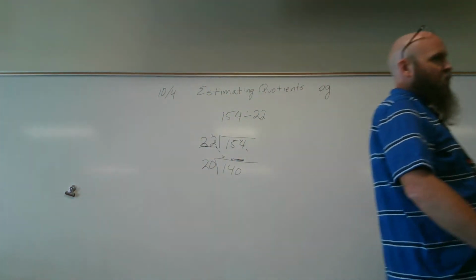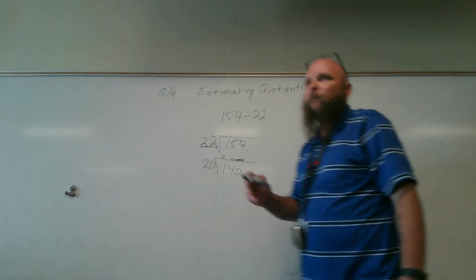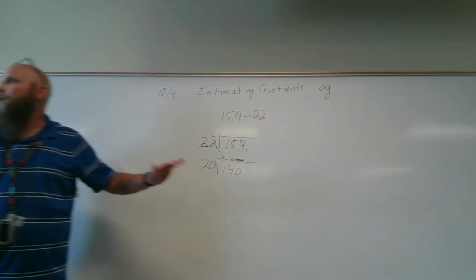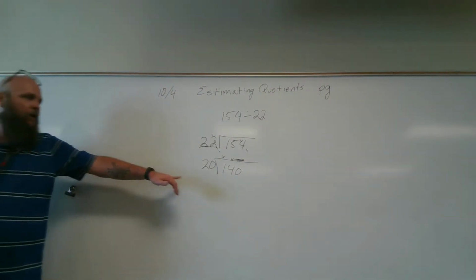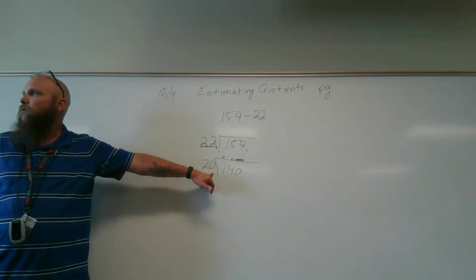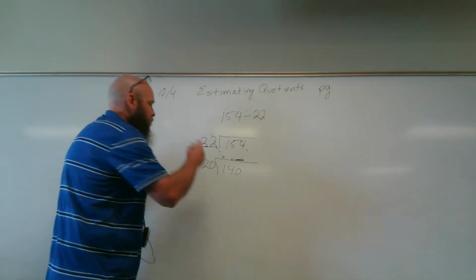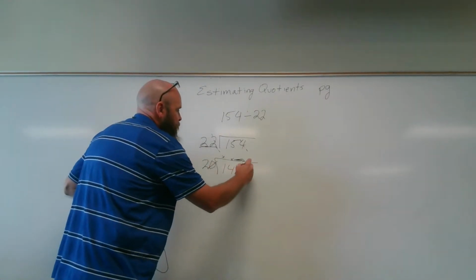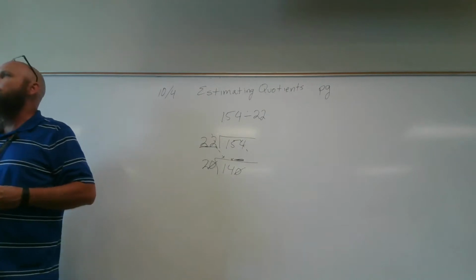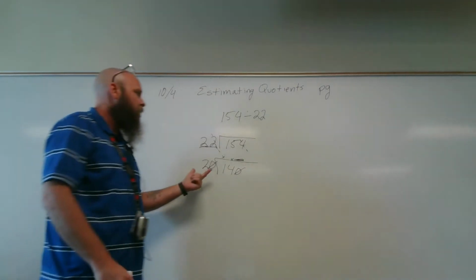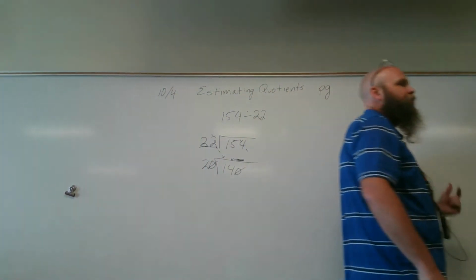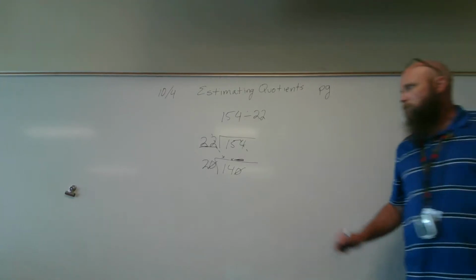But that's just silly. We don't have to guess. When I'm dividing, and I have 0 in my divisor and 0 in my dividend, I can really just take those off. And how many times does 2 go into 14? 7. That means 20 goes into 147 as well.